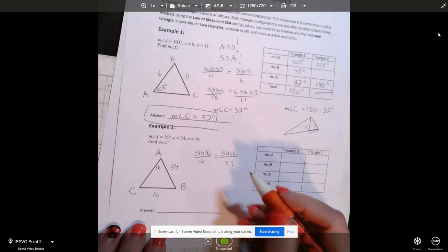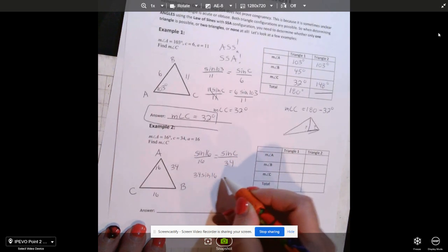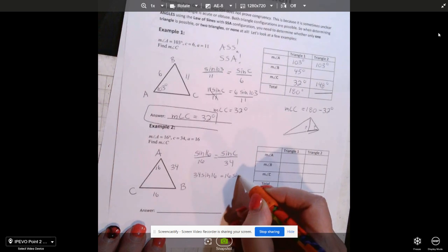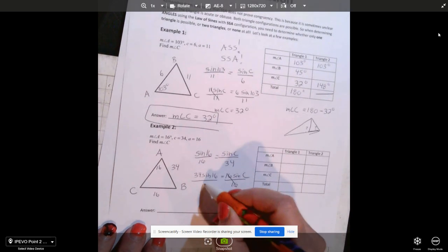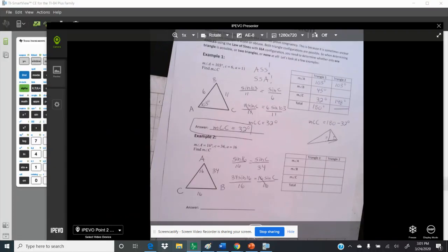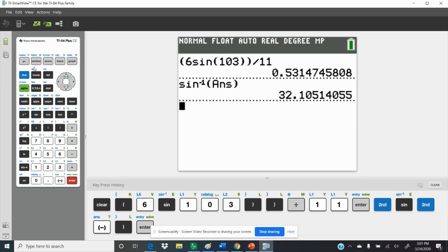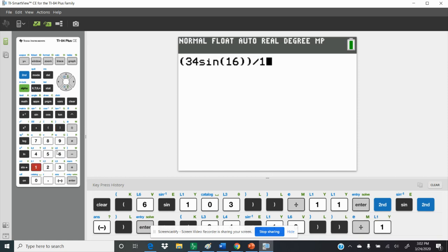I'm going to cross multiply, and I'm going to say 34 times the sine of 16 equals 16 times the sine of C. And if I divide both sides by 16, I can go to my calculator, and I can say 34 times the sine of 16 divided by 16.